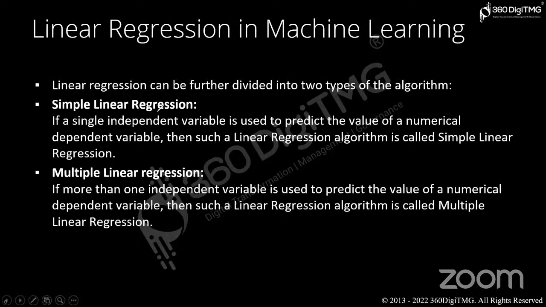If in a data set there is one dependent variable and one independent variable, then that is called simple linear regression. And when you have one dependent variable and two or more independent variables, then that is called multiple linear regression.